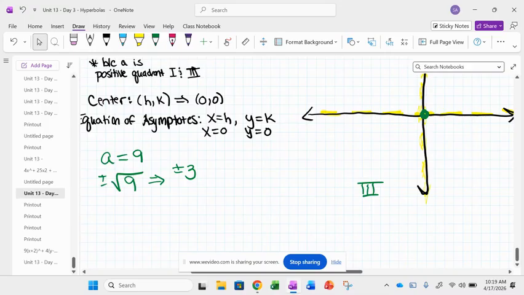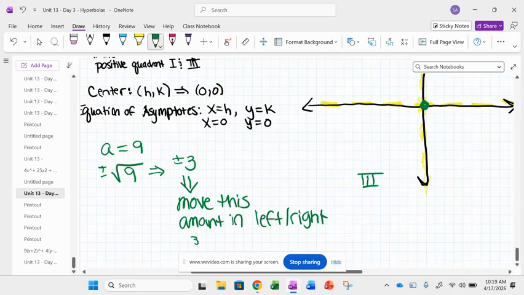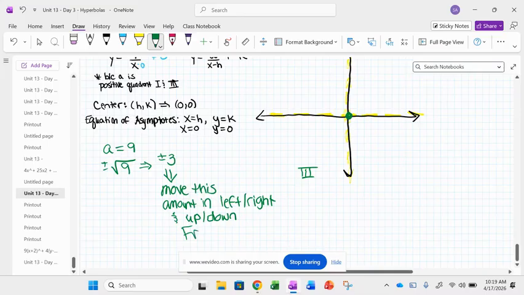So we're going to say move this amount in left slash right and up slash down. And I'll show you what I mean by that, from the center.